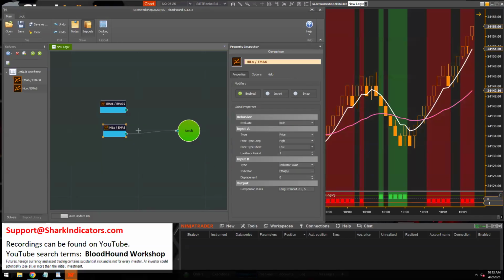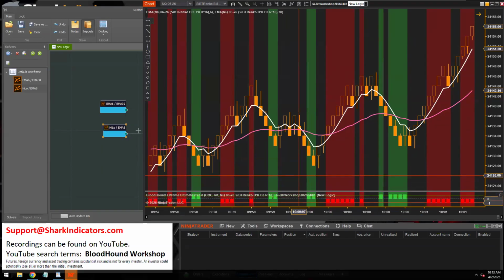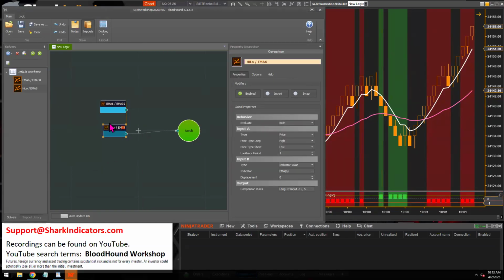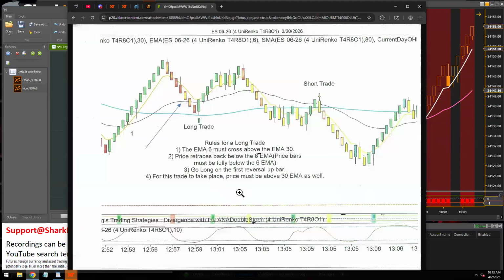And there we have it. So there's all the bars where the high is below the EMA 6. And we can see we have a wick there that's just barely above that EMA, and so there's no long output. So, all right, another rule down. Let's move on to the next one here.